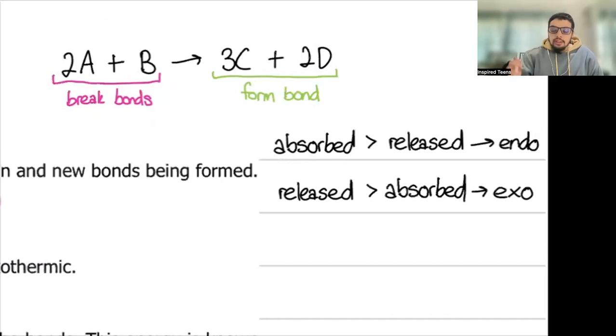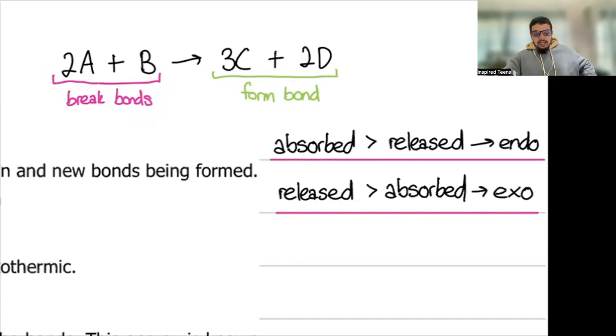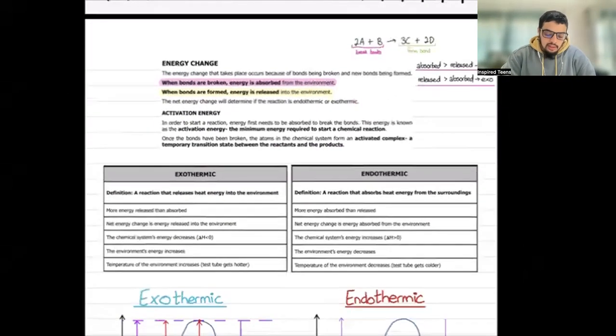How do we determine whether something is endo or exothermic? If the energy absorbed is more than the energy released, that's when we would refer to it as endothermic. And when the energy released is more than the energy absorbed, that's when we refer to it as exothermic, and we will do both of those in the graph.